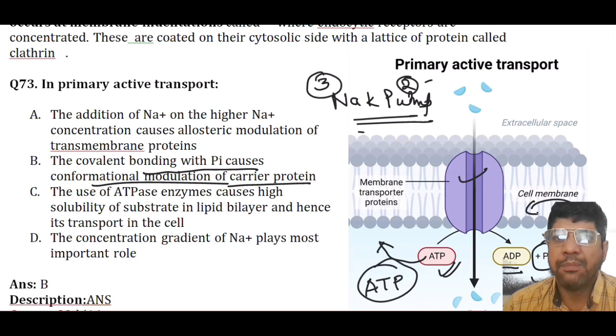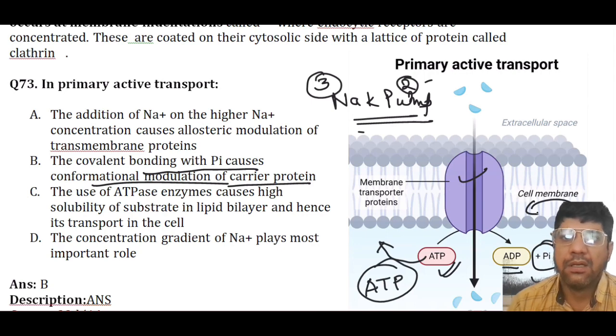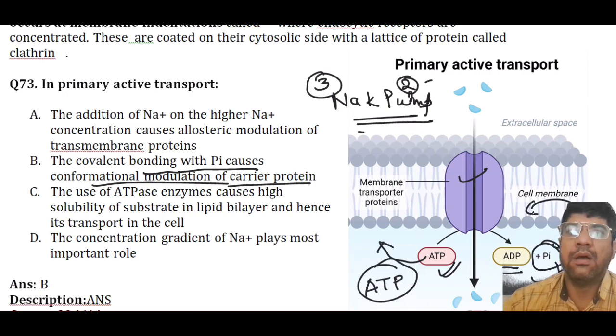The pump then binds to extracellular potassium ions. Another conformational change is induced that allows the pump to release potassium inside the cell. So the covalent bonding with Pi will cause conformational modulation of the carrier protein.